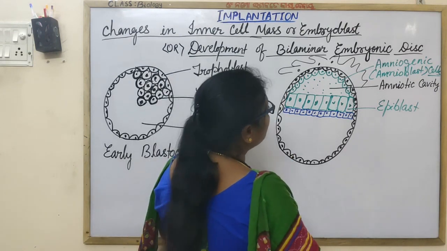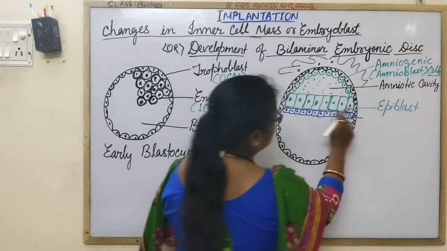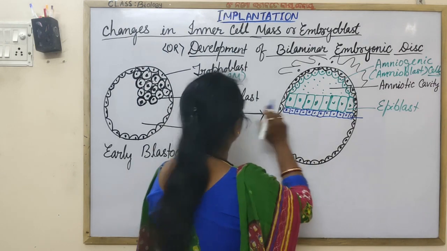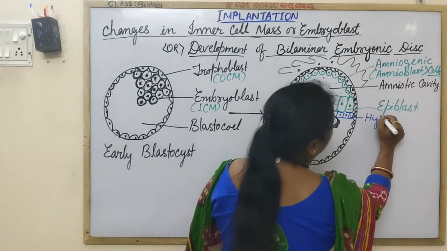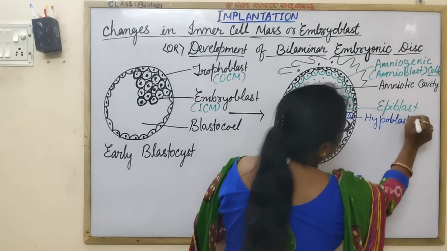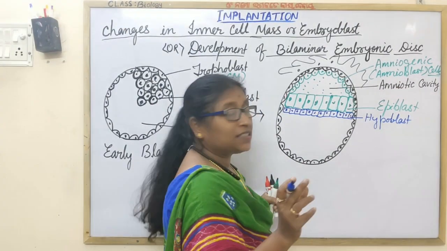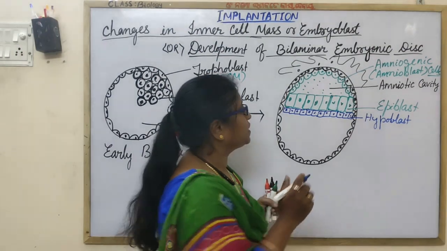Now come to the hypoblast. This lower layer, the layer of tissue found below the epiblast, is the hypoblast. When blast is added to a word, then they are a kind of stem cells.